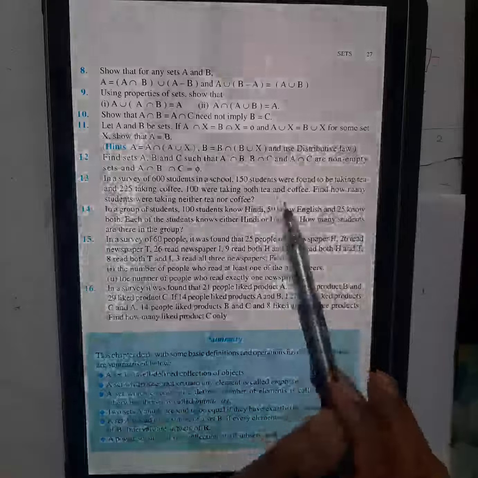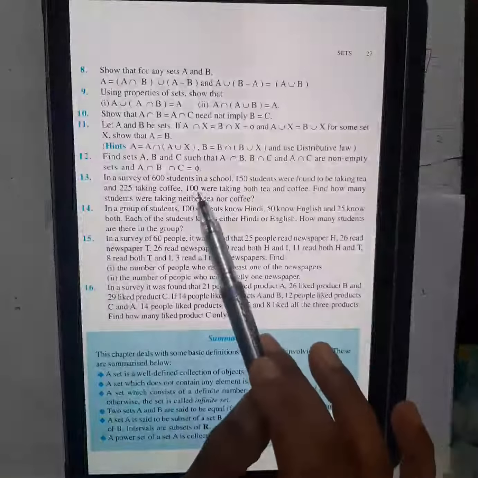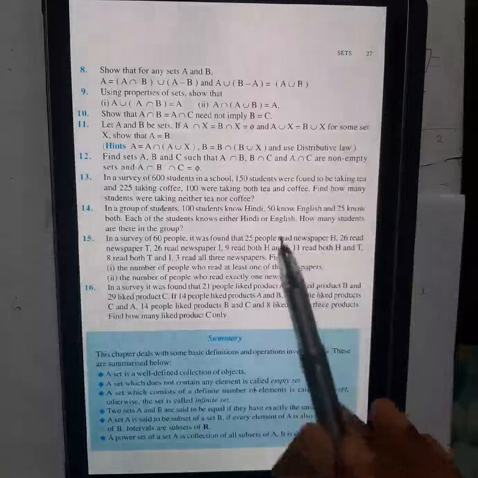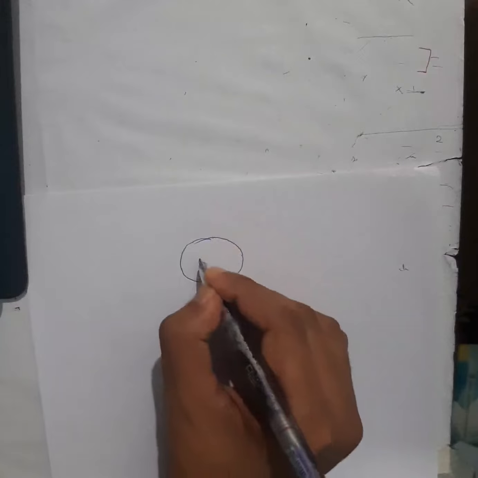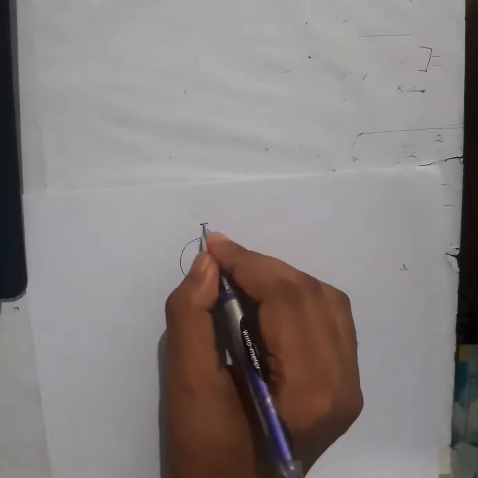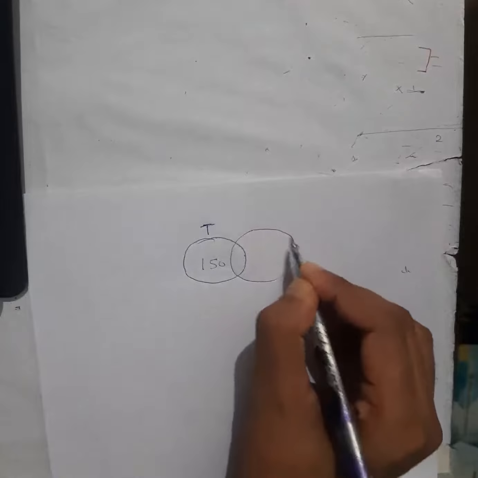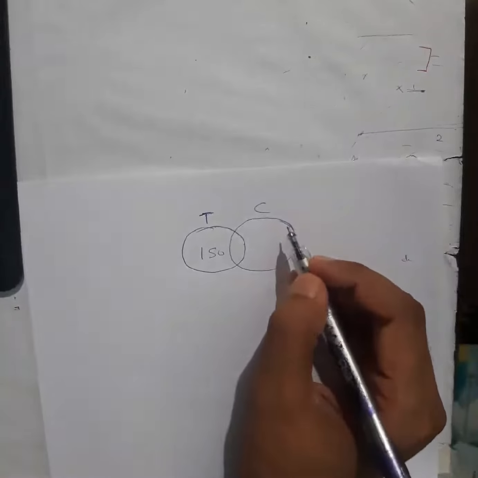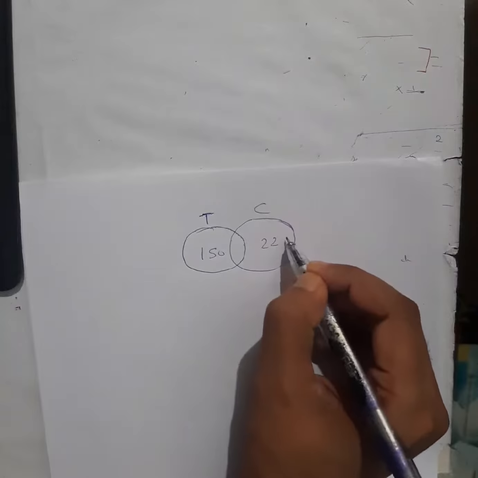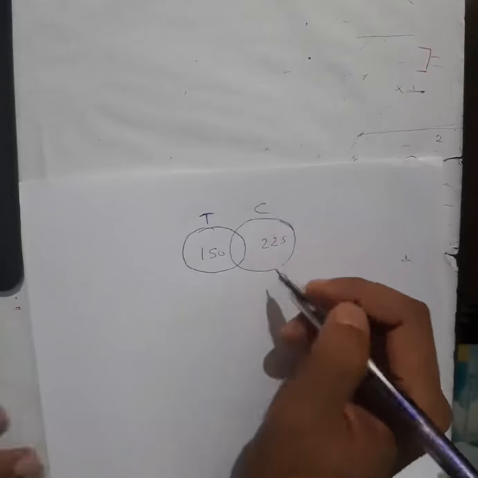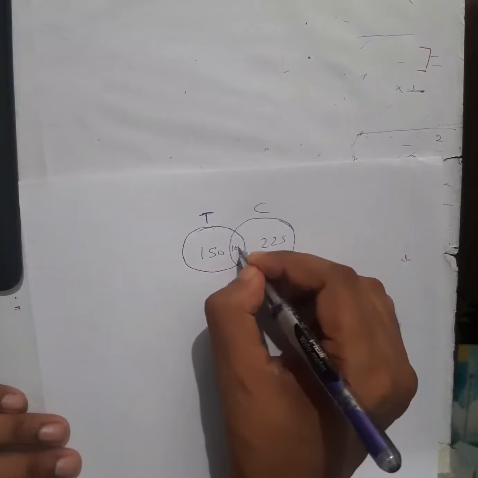100 were taking both. Yeah, they have already said here, you can see 100 were taking both tea and coffee. So if I draw a Venn diagram for this, what will you get? 150 students take tea. So suppose this is a set of students who take tea, okay? 225 students take coffee, and both were taking how many? 100.